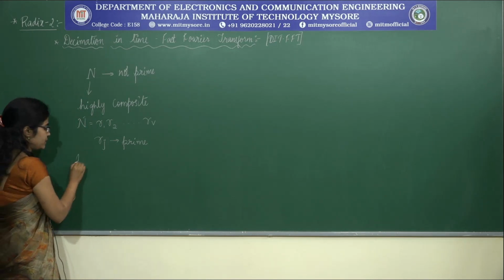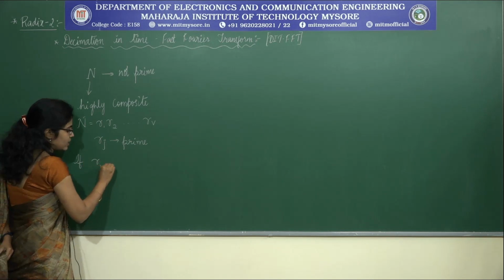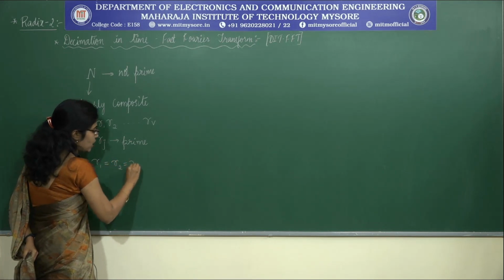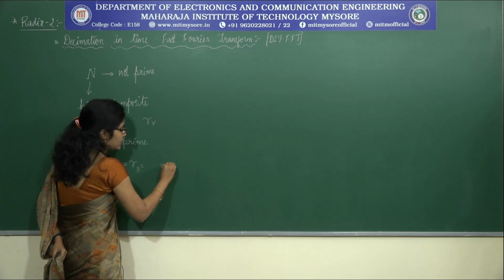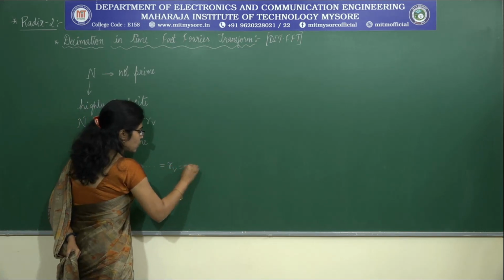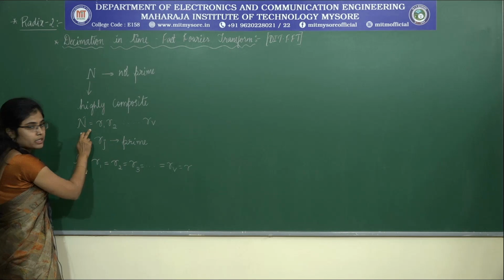So if we take a case where the values of R1, R2, R3 up to Rv are equal to R, what happens to this particular equation?